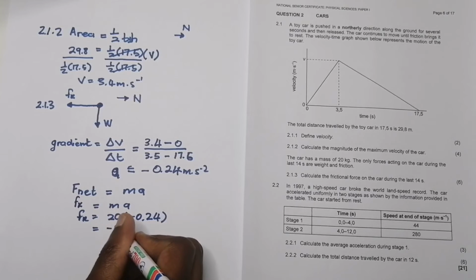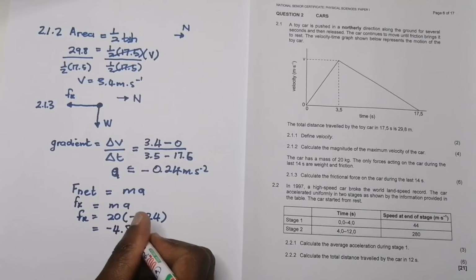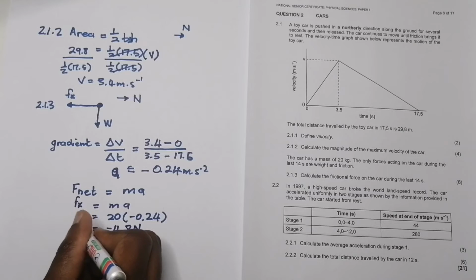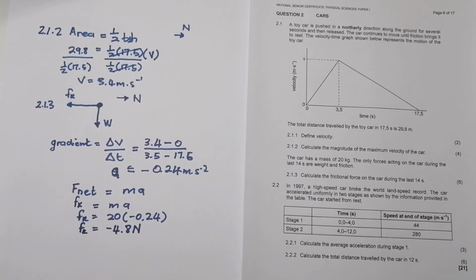So our frictional force was negative 4.8 newtons. Keep in mind, why are we getting a negative value? Because it's telling us that friction is actually opposing the motion. I hope that's been clear enough for you.